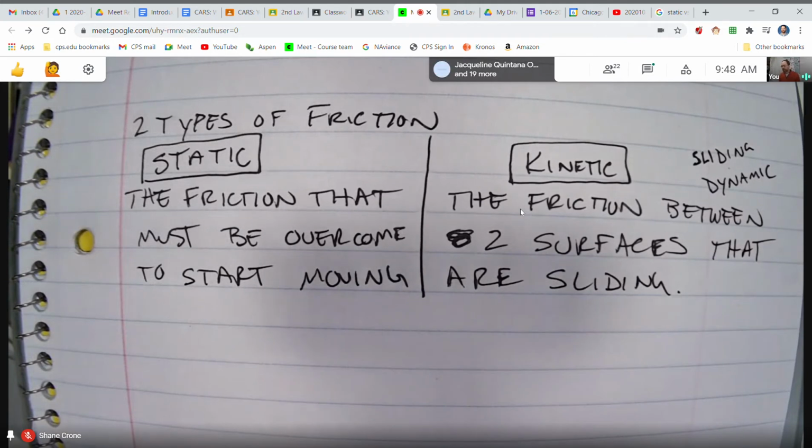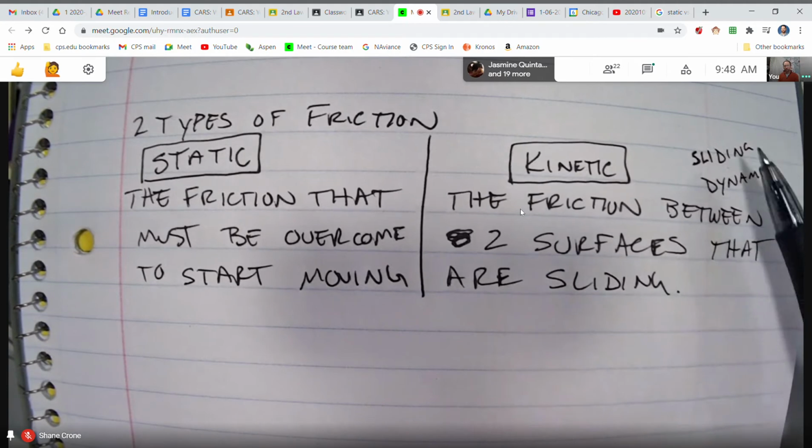When you take a class in PE, it's called kinesiology because it's the motion of the body. It may also be referred to as sliding or dynamic.